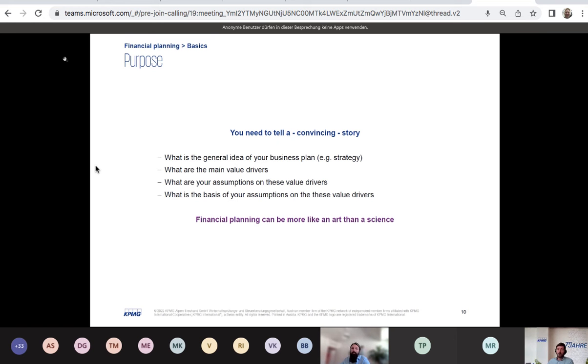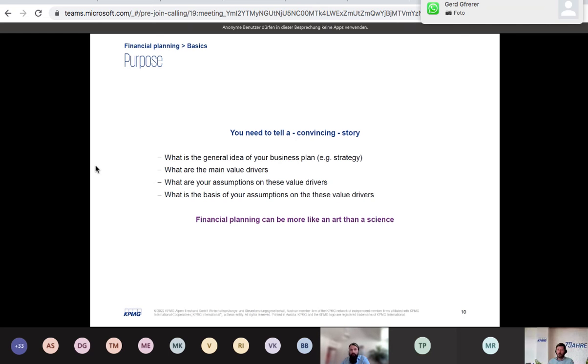So whether your revenue is 10 or 12, when it comes down to a forecast of 2-3 years ahead, no one really can tell. But it's not really about the exact number. It's really about, again, the story behind it and the assumptions you make.